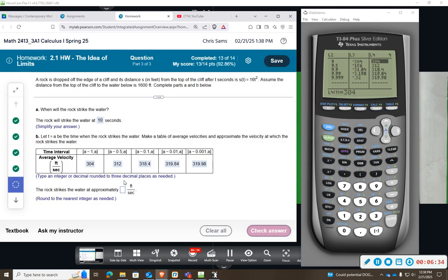And it says approximate velocity when it strikes the water. So as we round to the nearest integer, it looks like approximately 320 when we round to the nearest whole number.